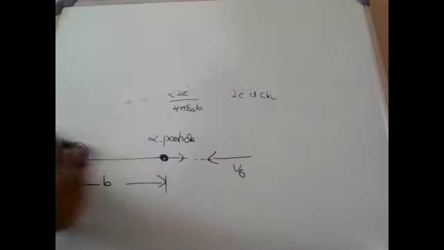In the next step we have to write 1 by 2 m v naught square equal to 2Ze square by 4 pi epsilon naught b.